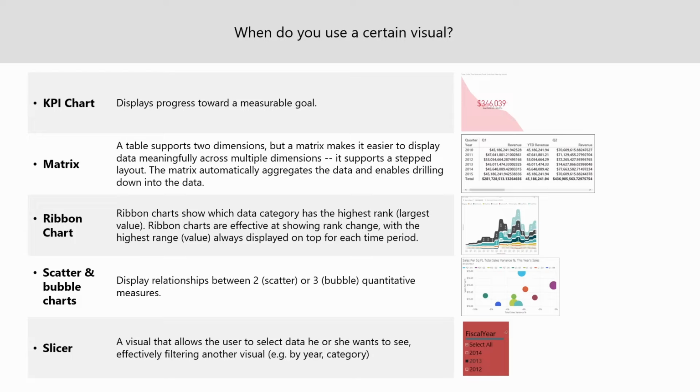Scatter and bubble charts display relationships between 2 or 3 quantitative measures. A slicer is a very useful feature for making a selection and also allowing your users to make a selection, but we'll cover more on slicers in another segment.